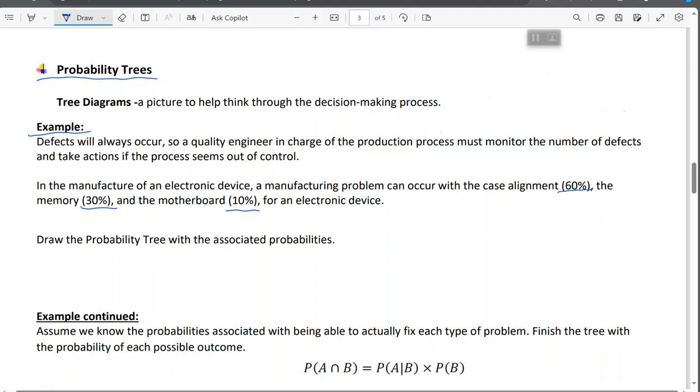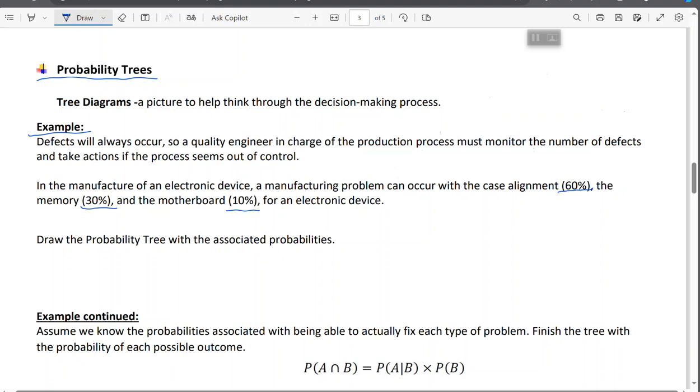So what does that mean? It means a 60% chance this manufacturing problem is a case alignment problem, 30% chance it is a memory problem, and 10% chance that this problem is a motherboard problem, right?